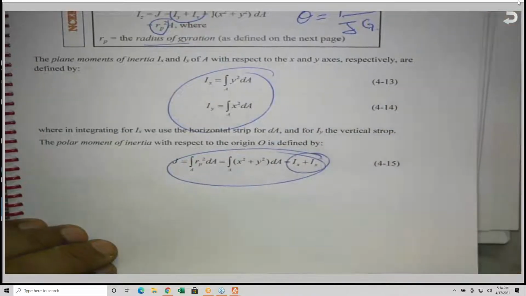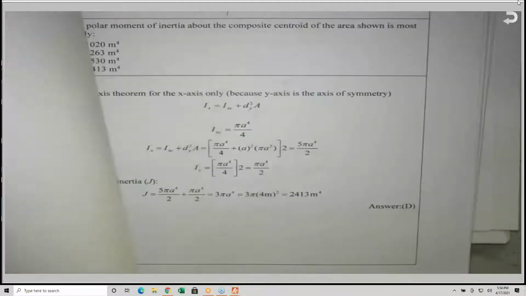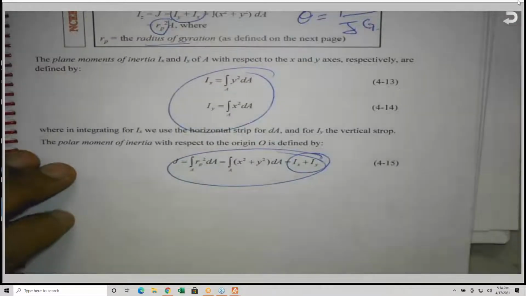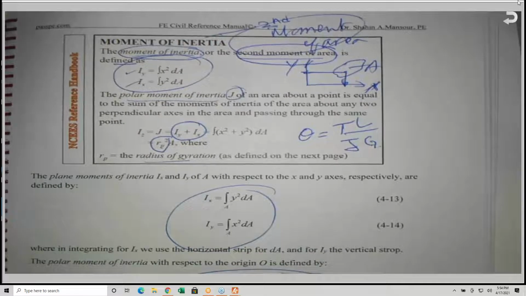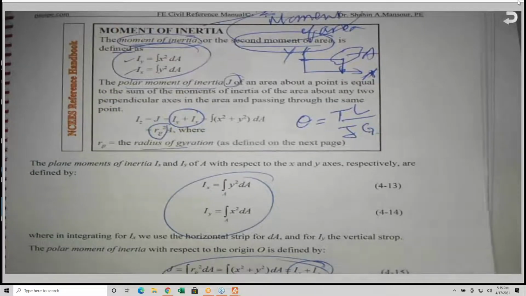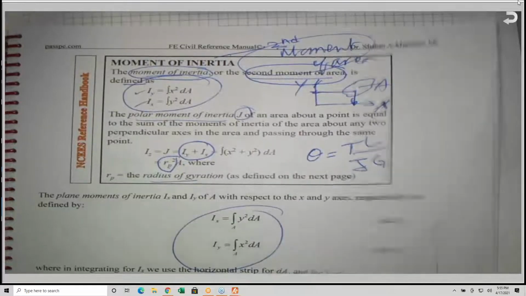It is the sum of Ix plus Iy. And the table that I was discussing when I mentioned the XC and YC has the expressions for the moment of inertia for common shapes. Okay, and we're going to use it.